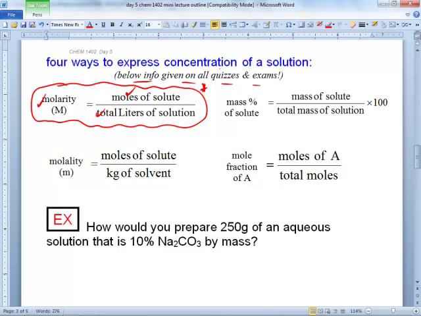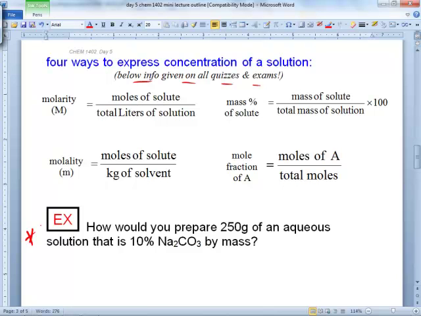Okay, so that's the game we're going to be playing. Let's try one of these. How would you prepare? Now, let's not worry, Mari, about the how would you prepare part. We'll answer that later. First, take a look at this question. Tell me which one of these equations do you think we should be using? Let's number them: 1, 2, 3, 4.